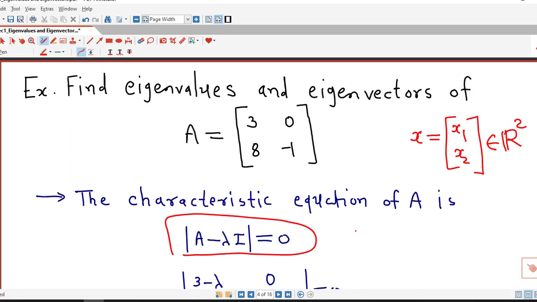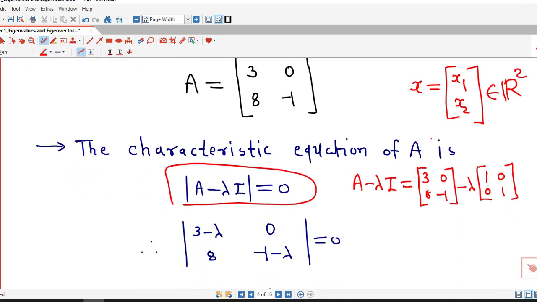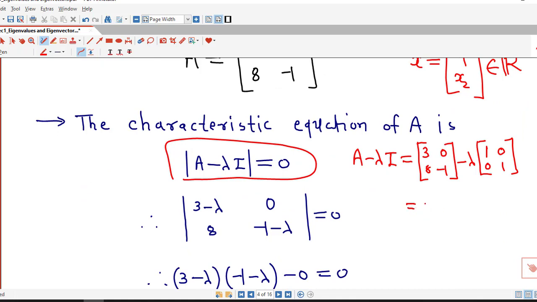Now if we consider this matrix A minus lambda I, then A is the given matrix minus lambda, and because the given matrix is of order 2, we consider the identity matrix of order 2. If we simplify this, we can see this is [3 0; 8 -1], and here lambda is multiplied with each entry of the identity matrix.